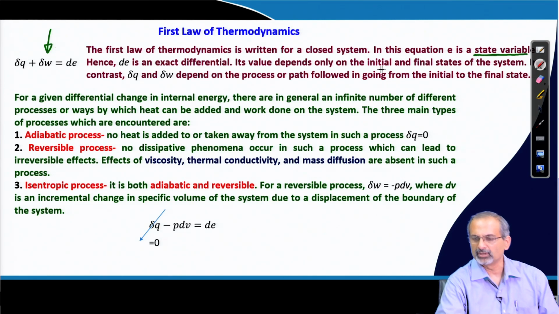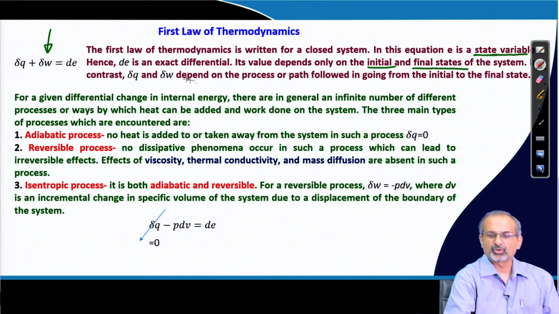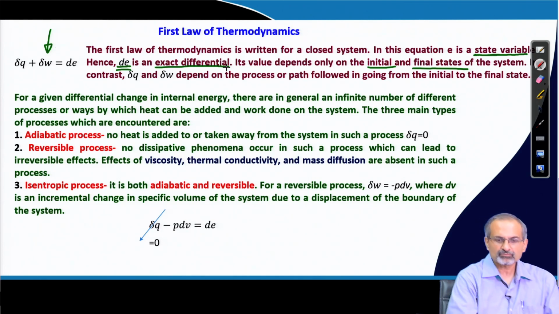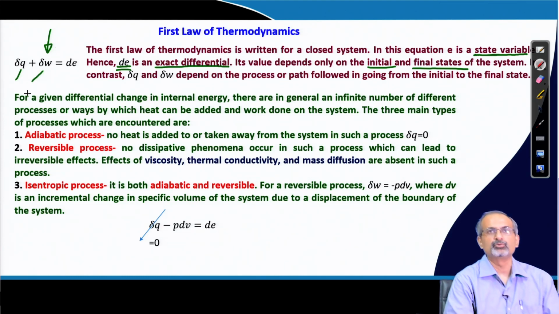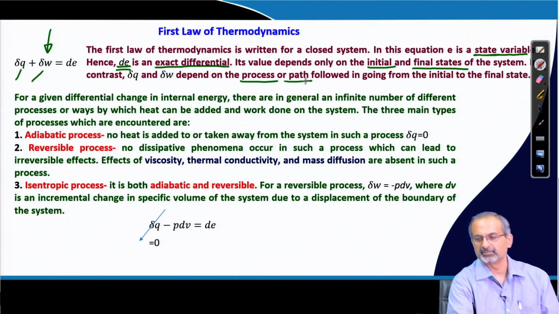It depends only on initial and final states when you talk about its change, and that is why it is not dependent on the path that you follow between the initial and final states. That means, what kind of process has taken it from the initial to the final state does not matter really, whereas the inexact differentials del q and del w are process or path dependent.